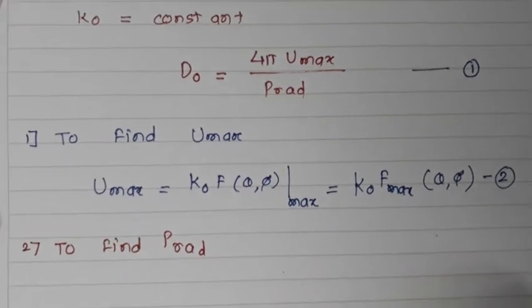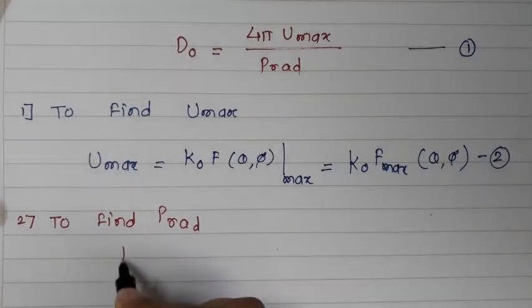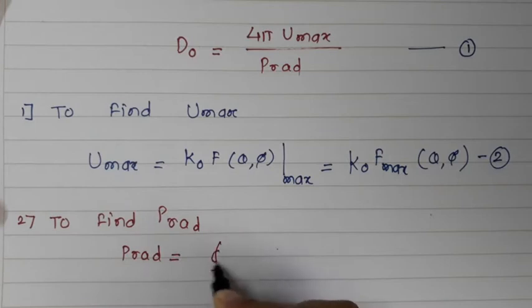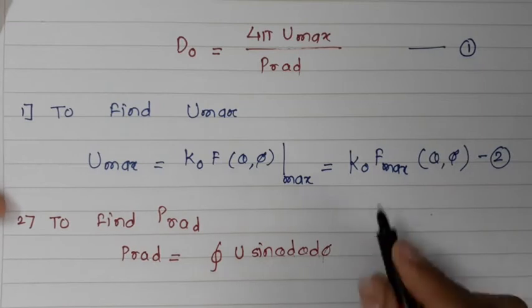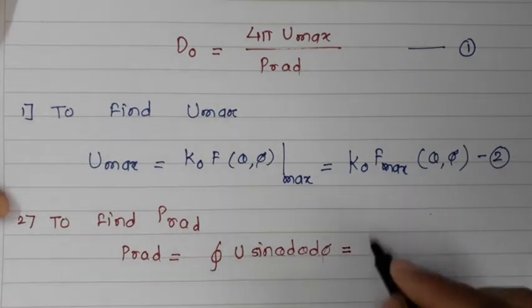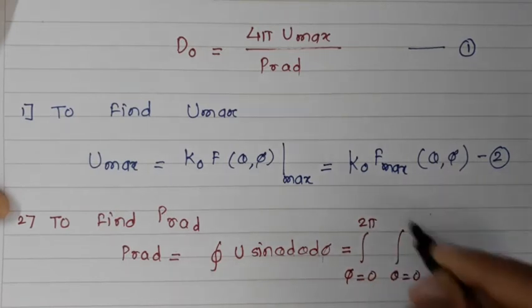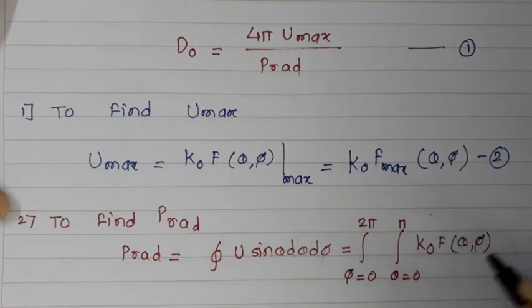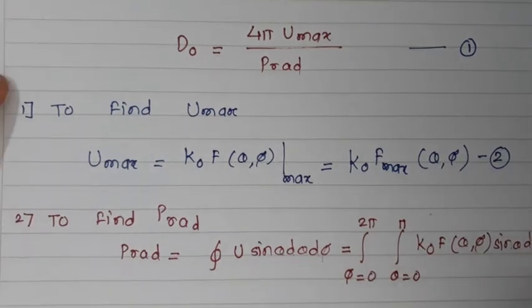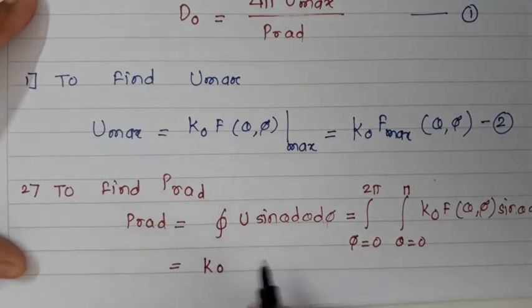Write down the equation, as we have seen previously, for how we can calculate the radiated power. So P radiated is equal to the integration of U sin θ dθ dφ. Now here the surface integration tells us that φ varies from 0 to 2π and θ varies from 0 to π. So this will be K0 F(θ, φ) sin θ dθ dφ.